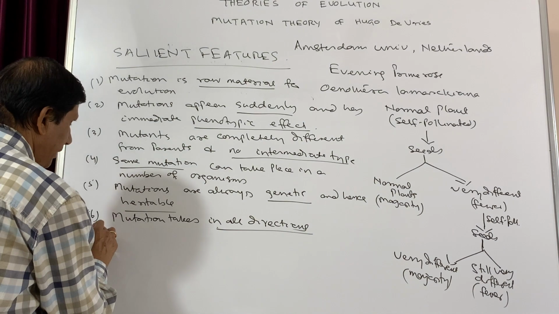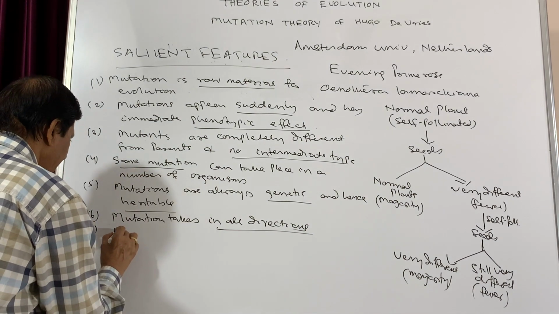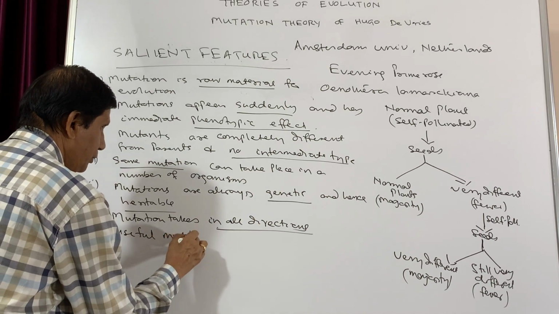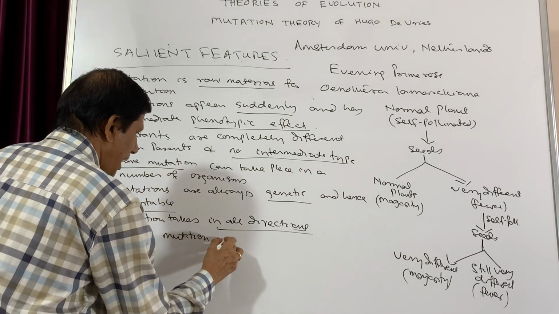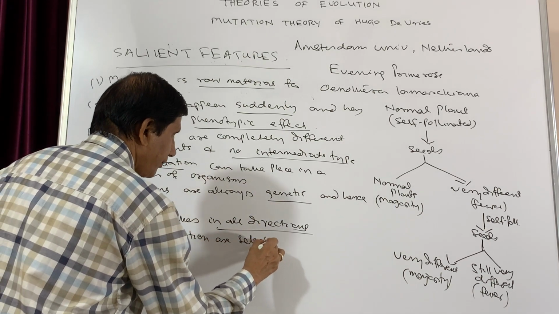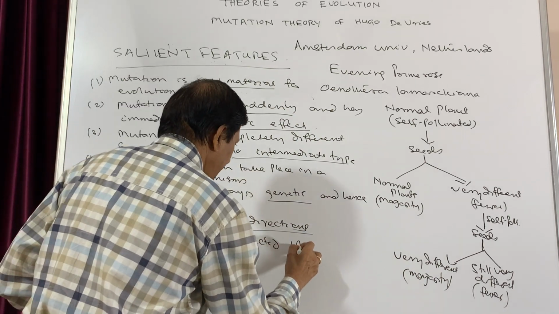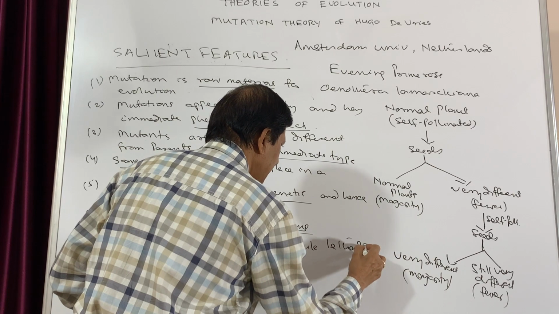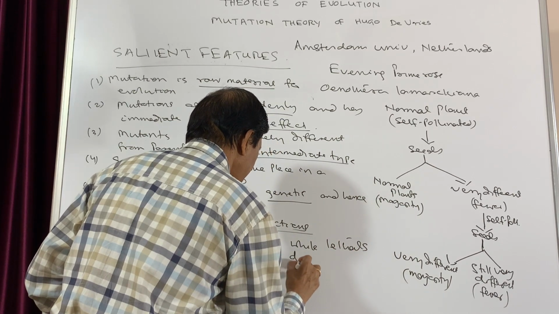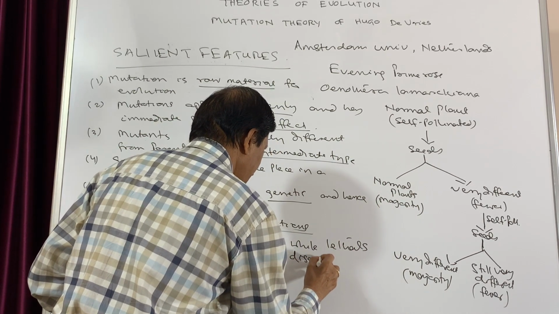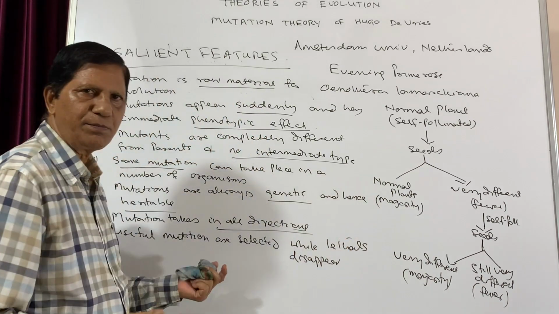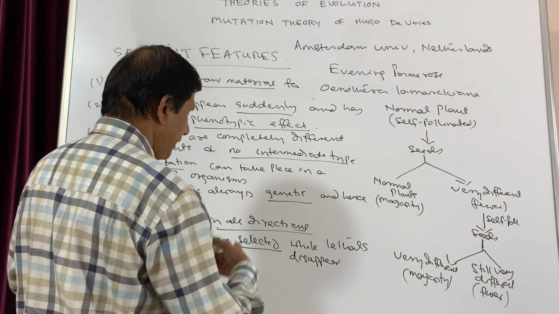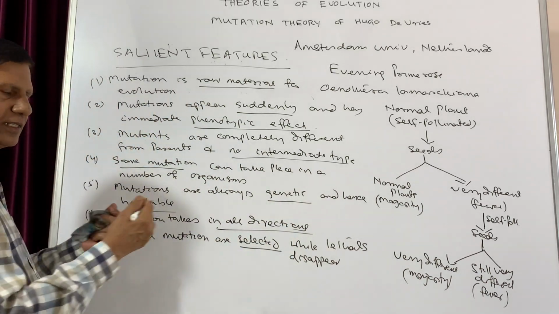Then the next point is useful mutations are selected while lethals disappear. That means those which are lethal mutations disappear, while the useful mutations are selected and inherited to the next generation.